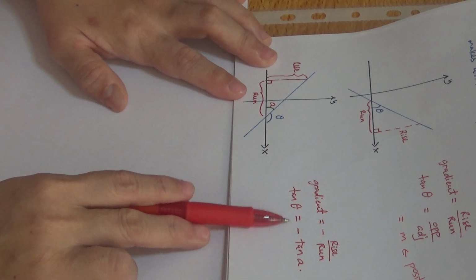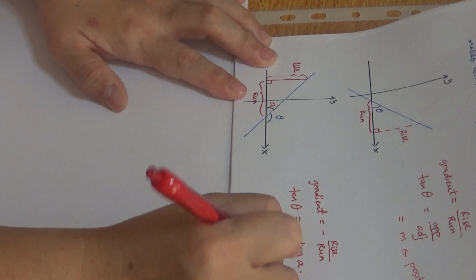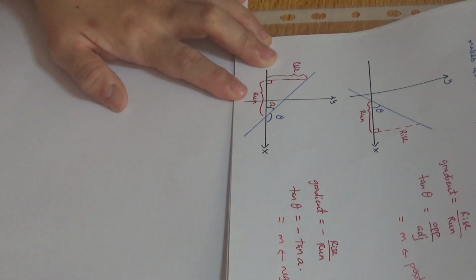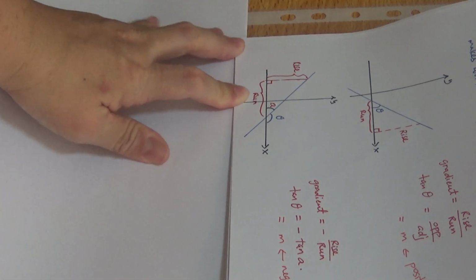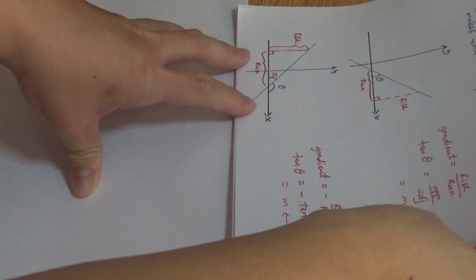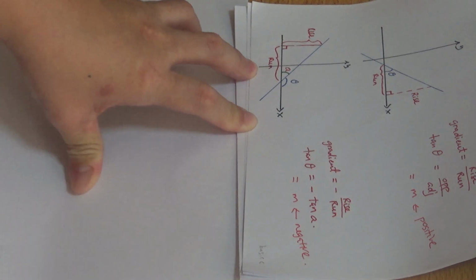So this will be equal to the gradient, and this gradient here is a negative value, because the line is slanting the other way, and the tangent of an obtuse angle is negative.